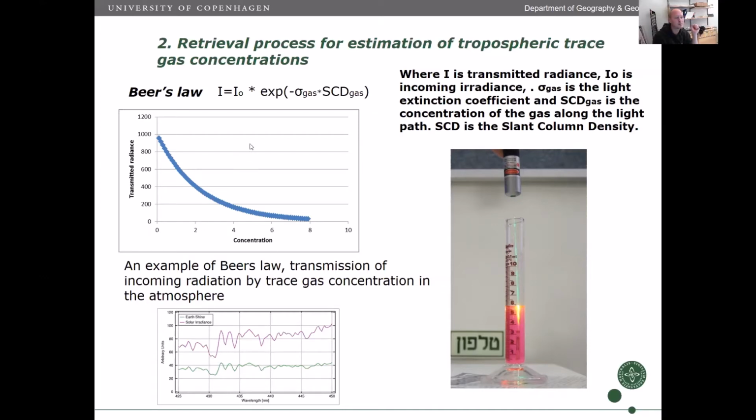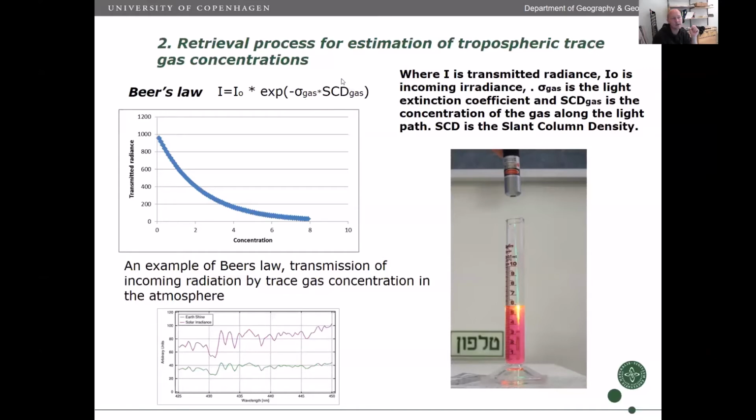And Beer's law relates the amount of radiation that is transmitted through the atmosphere to the amount that is incoming. So here we have the incoming radiation from the sun, and then the amount that is transmitted decreases depending on how efficient the gas is in absorbing the radiation and the concentration of the gas.